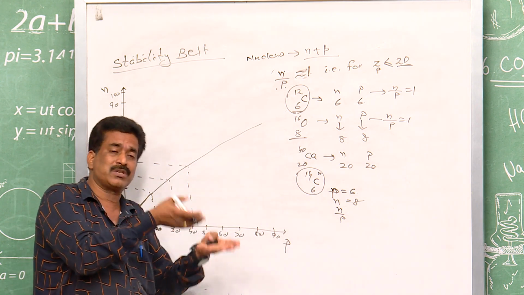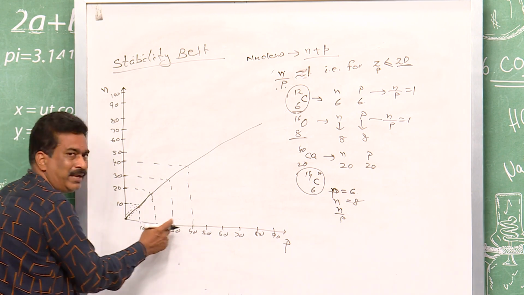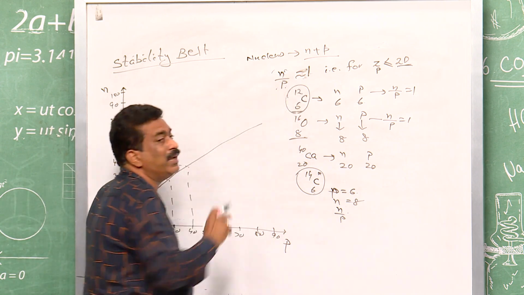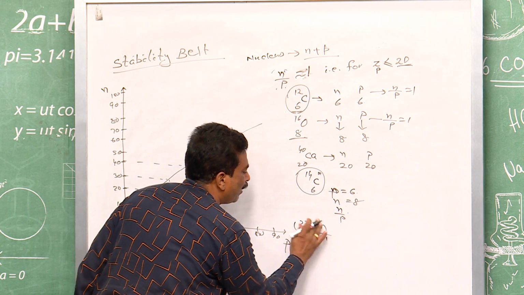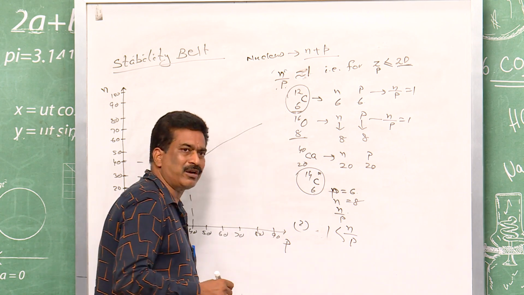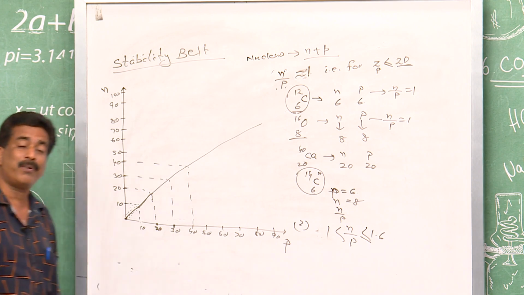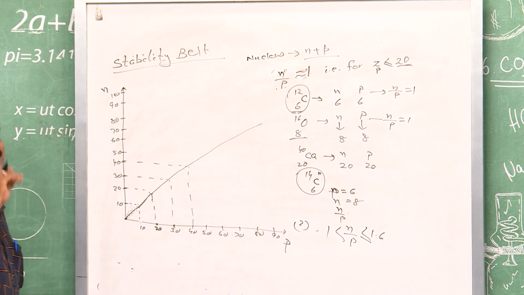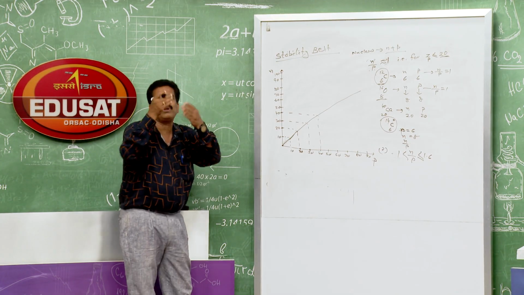When it comes to C-12 it will be the stable one. But beyond 20, the ratio n by p is not equal to 1. When n by p is greater than 1 but less than or equal to 1.6, they will not satisfy the straight line, because for a straight line they must increase in a uniform manner.